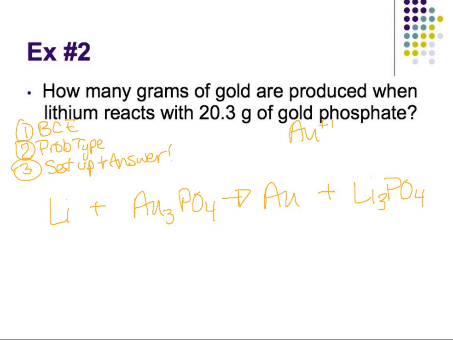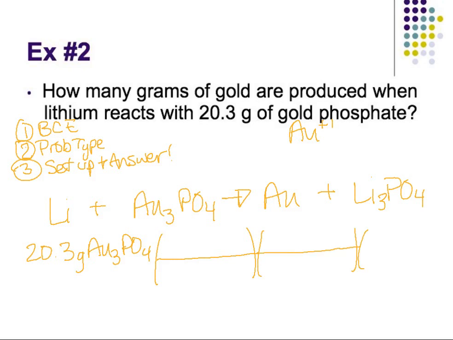Try setting up your math problem on your paper right now. Go. And I'll do it too. So 20.3 grams of AU3PO4. Giant parentheses. And it's a 3-stepper because we've got grams to grams. And of course I ran out of room.